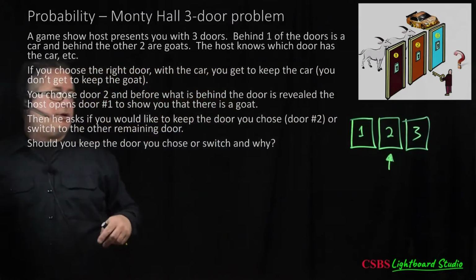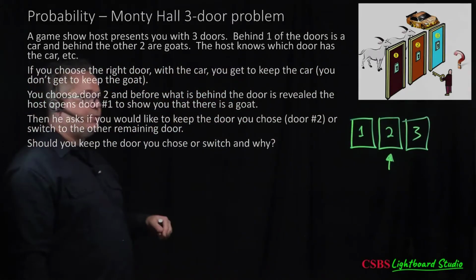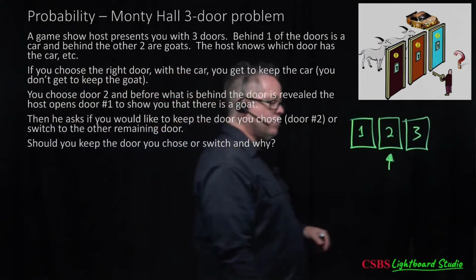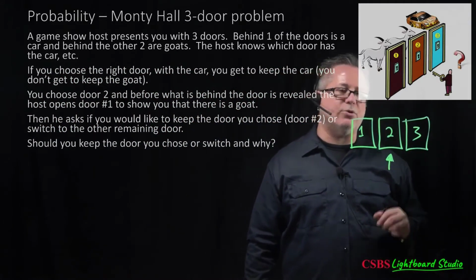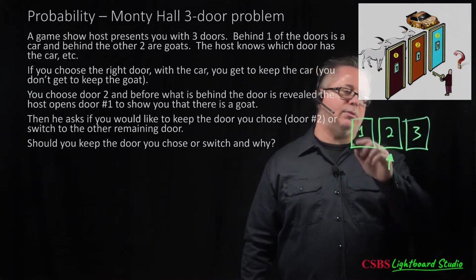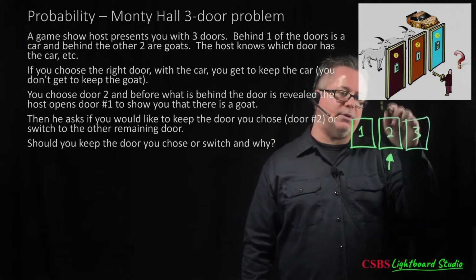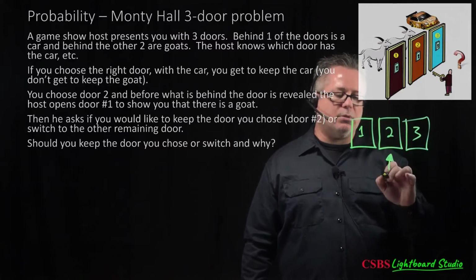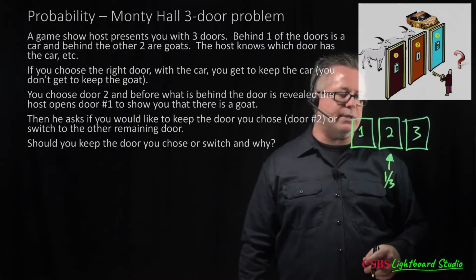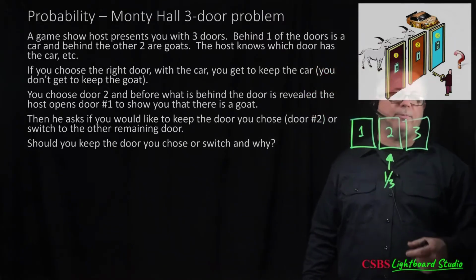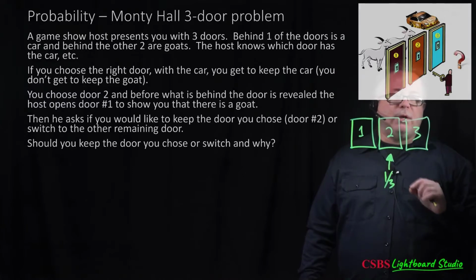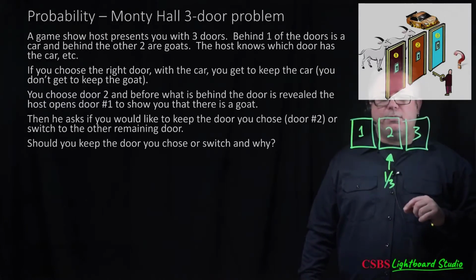And again, you think you're done. You're probably thinking, what's the likelihood, the probability, that the car is behind the door that I chose? Well, you have a 1 in 3 chance of picking the correct door. That's right, there's 3 doors, you pick one of them.